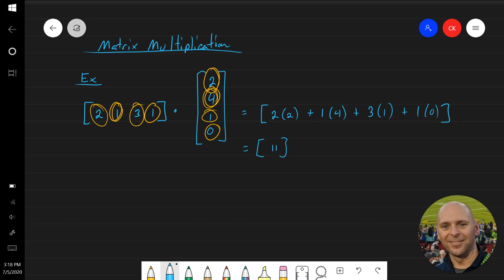So this is the fundamental part of multiplying matrices. And again, we multiply corresponding elements and then add them up. But when it really comes down to it, we've got a row times a column in each case. So this gets us, in this case, a 1-by-4 times a 4-by-1.